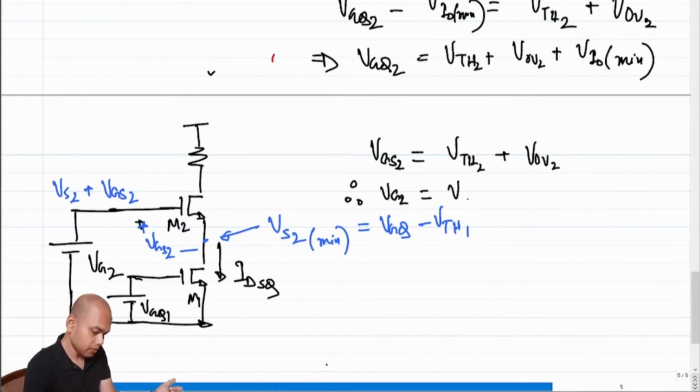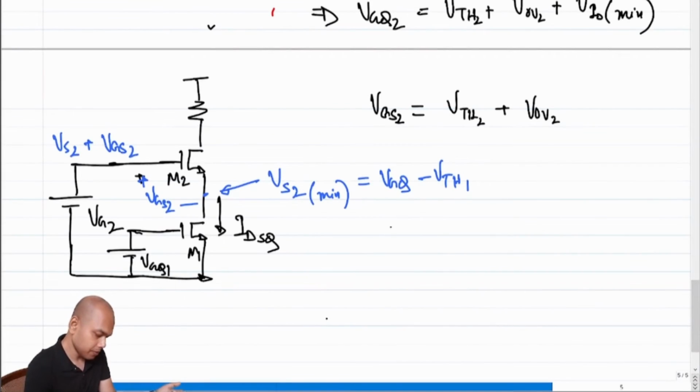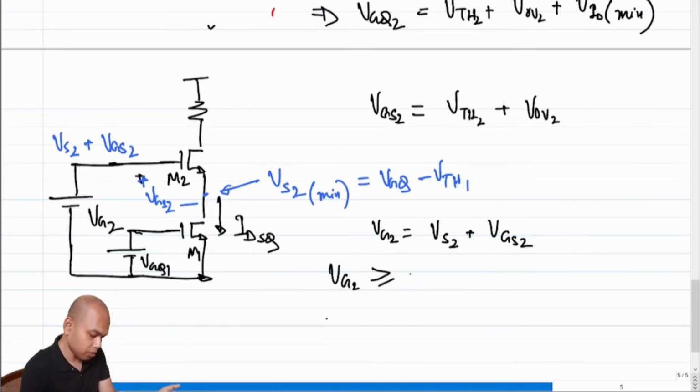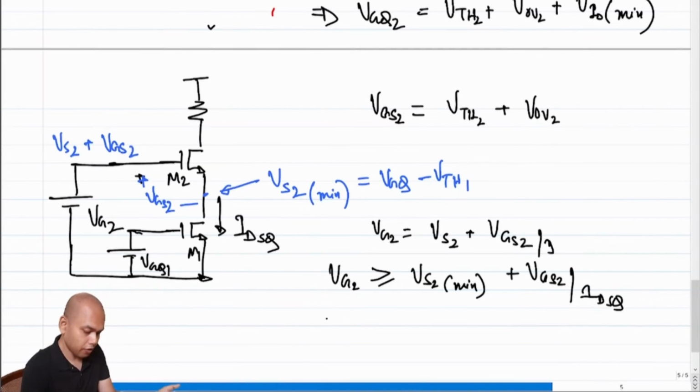Let me write VG2 in a different line so that it makes sense. Since VG2 is VS2 plus VGS2, VG2 has to be greater than or equal to VS2 min plus VGS2 for a current of IDSQ.